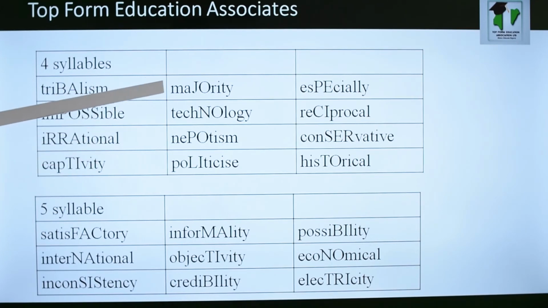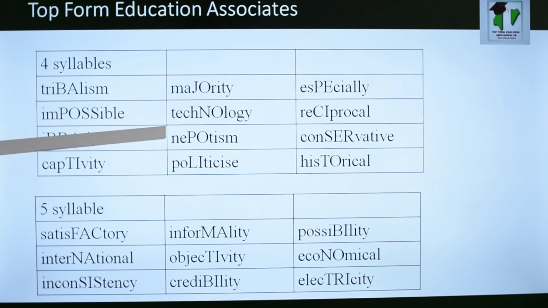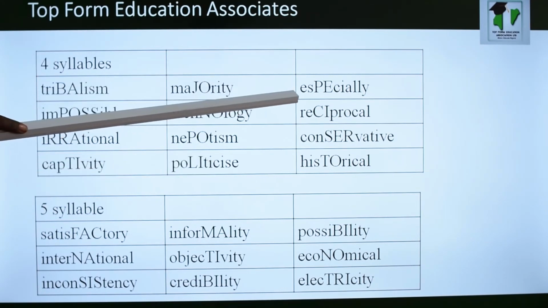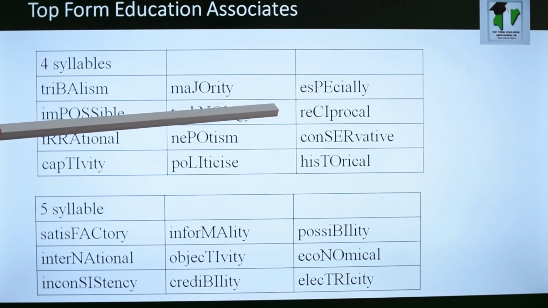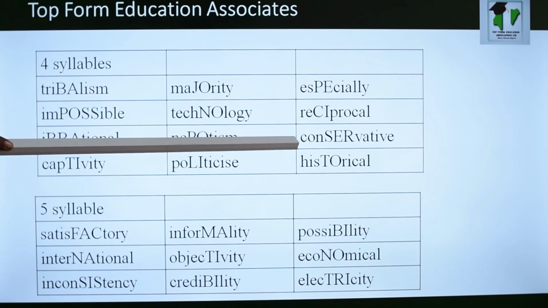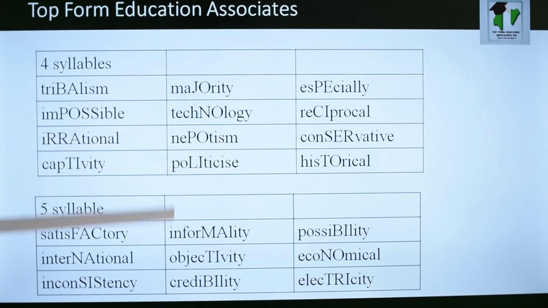Captivity. Majority. Technology. Nepotism. Politicize. Especially. Reciprocal. Conservative. Historical. You stress from the back. 1, 2, 3. You remember how I told you to identify it in your dictionary? Just with a hyphen up here.